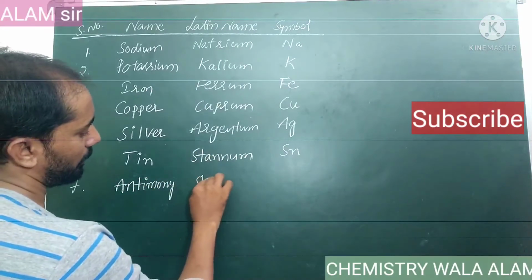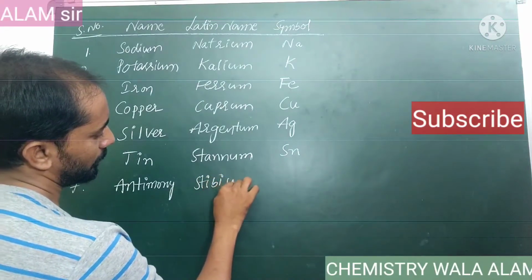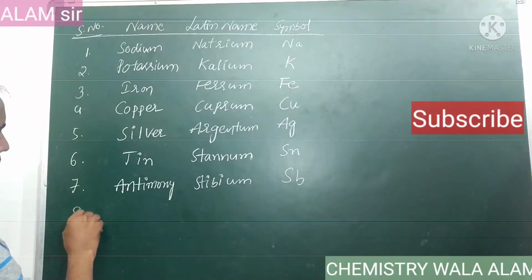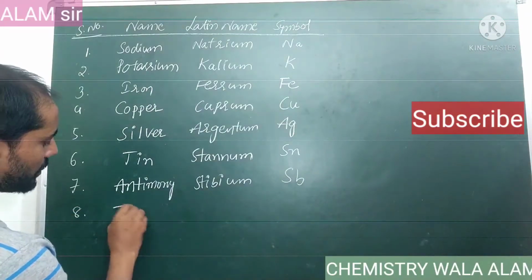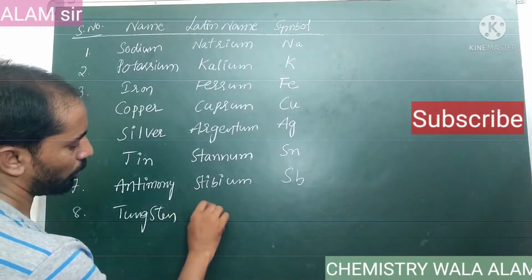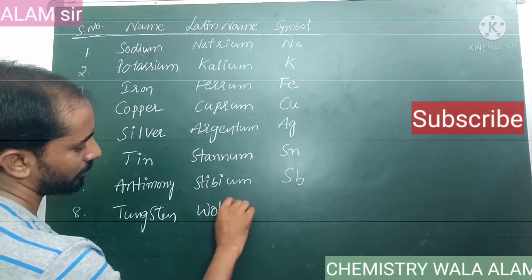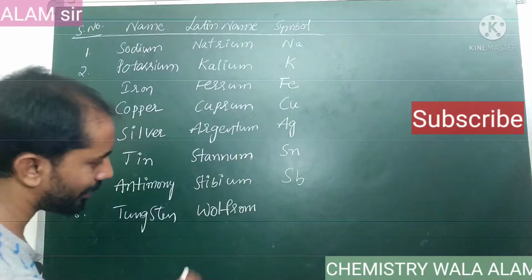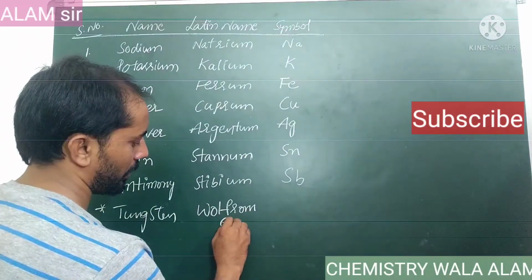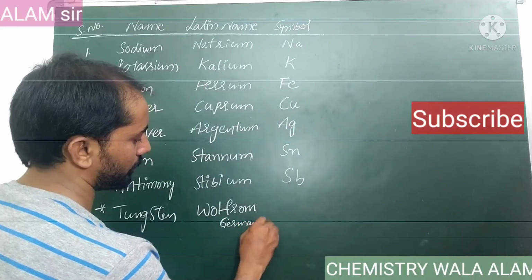The seventh one is antimony. The Latin name is stibium, Sb. Next is tungsten. The Latin name is wolfram. It's not the Latin name, it is the German name.